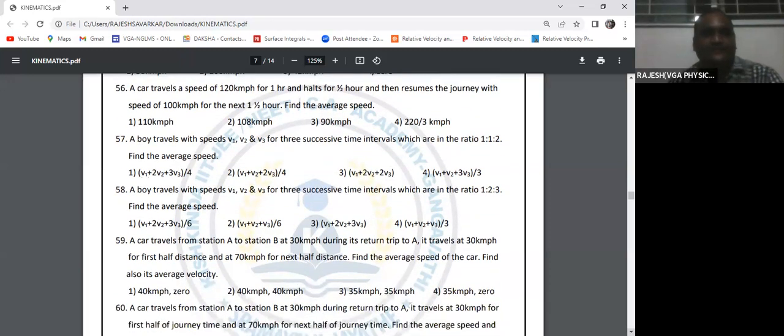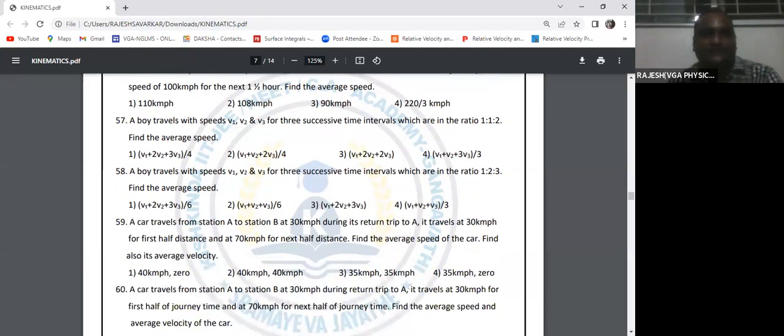A boy travels with speeds V1, V2 and V3 for 3 successive time intervals which are in the ratio 1:1:2. Then the average speed is V1T1 plus V2T2 plus V3T3 by T1 plus T2 plus T3. That means V1 plus V2 plus 2V3 by 1 plus 1 plus 2, that is 4. That is the second option. Right?